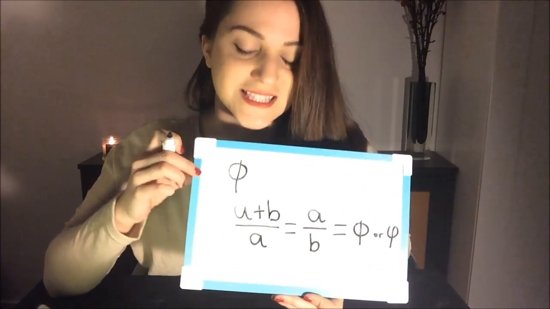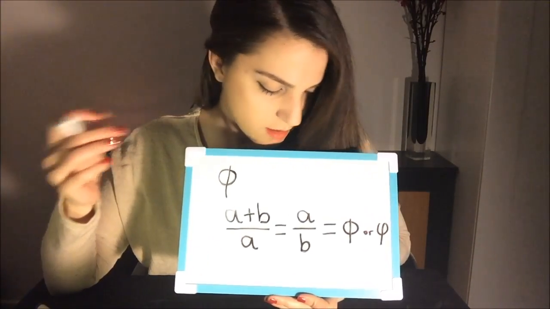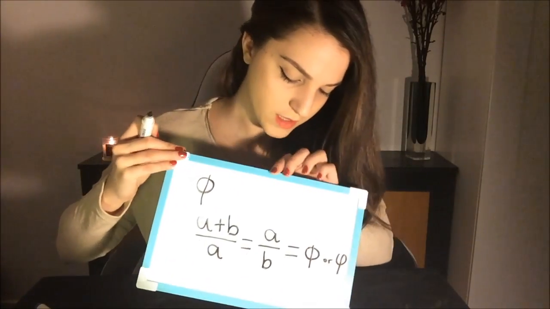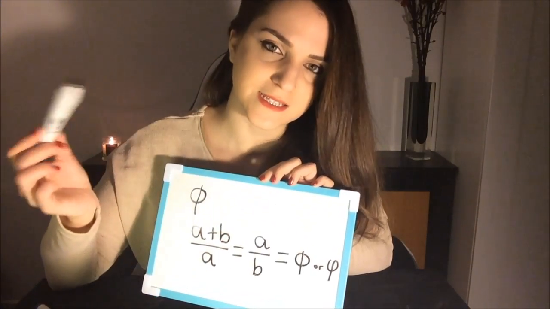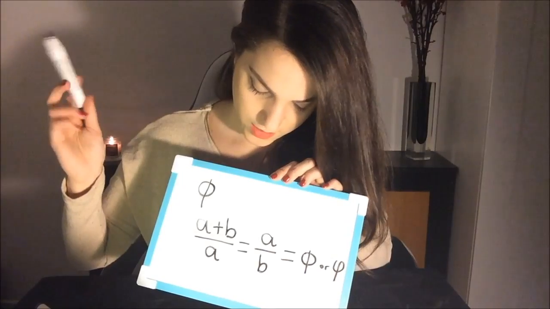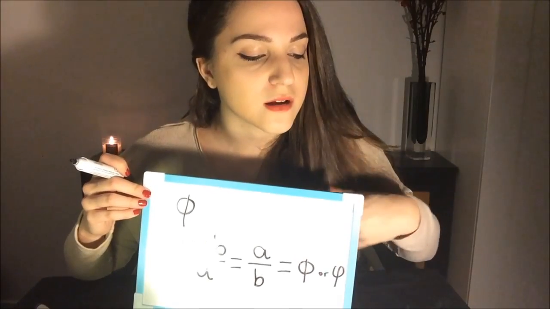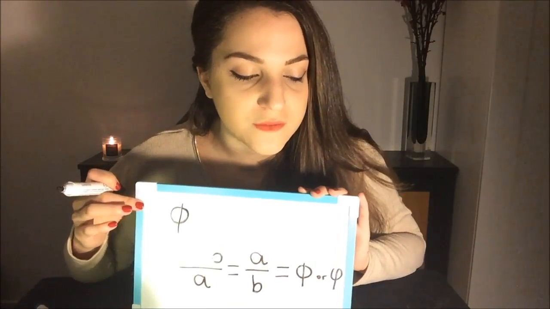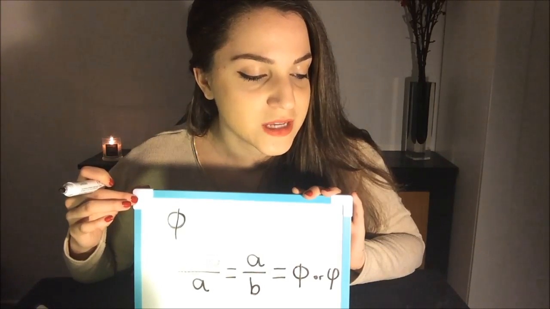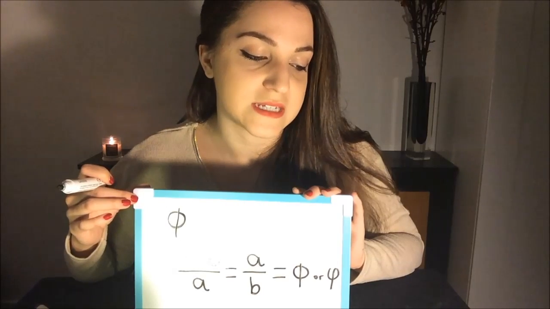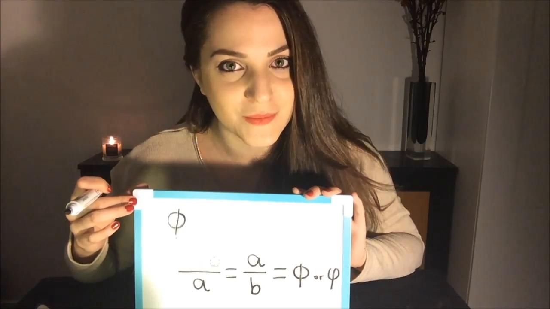Talking about this, the golden ratio. Again, you can write either like that or like that. It's up to you. So I'm going to read it again. Two quantities are in the golden ratio if the ratio is the same as the ratio of the sum to the larger of the two quantities. And that is called the golden ratio.